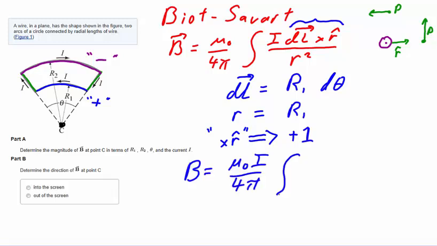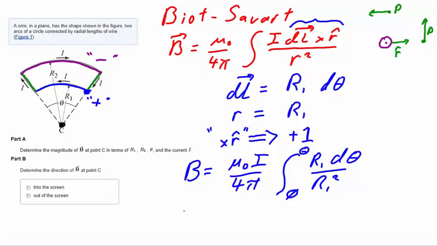Bringing the current outside the integral and substituting our various pieces, we get an integral of this form. In order to complete the problem, though, we're going to have to place some limits on the angle theta. We can choose any location as the 0 for the angle theta, and for convenience, we're going to choose, in this problem, the 0 to be on the left, so that the theta itself will be integrated from 0 to the final full theta that the arc subtends.